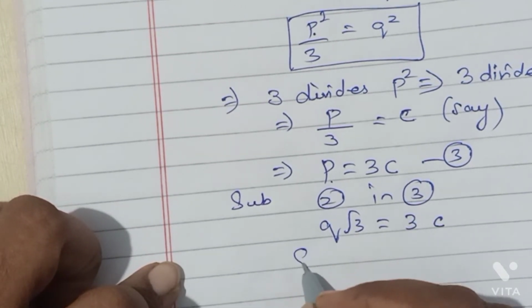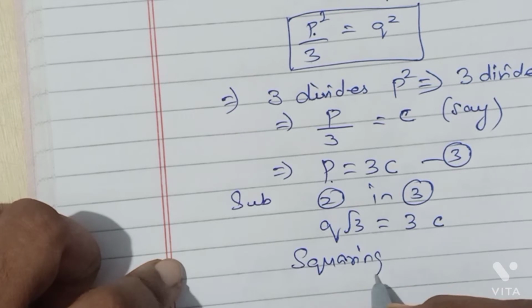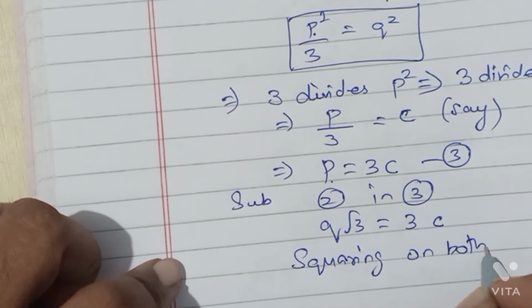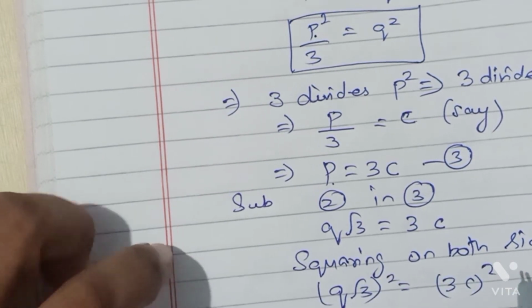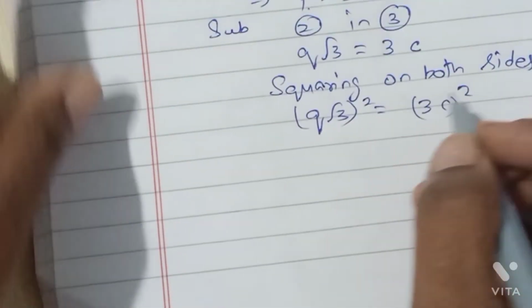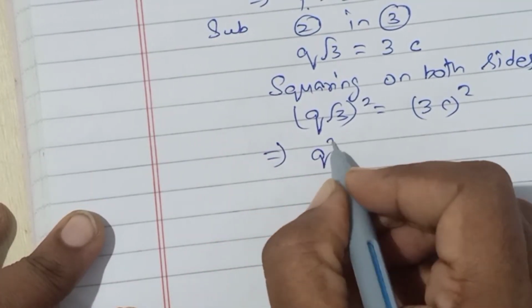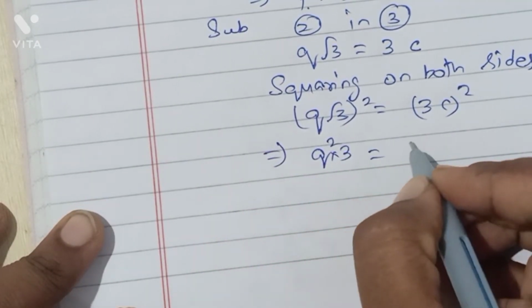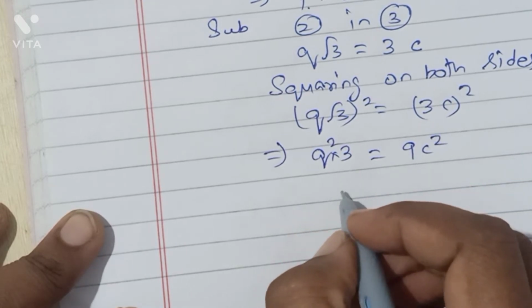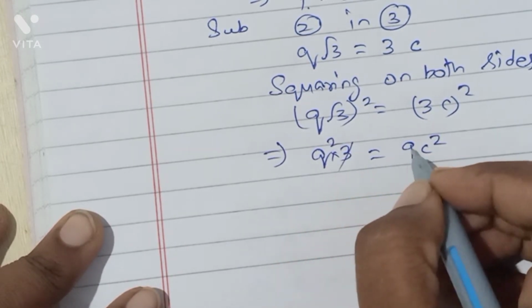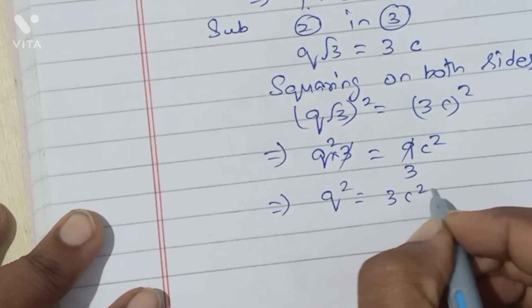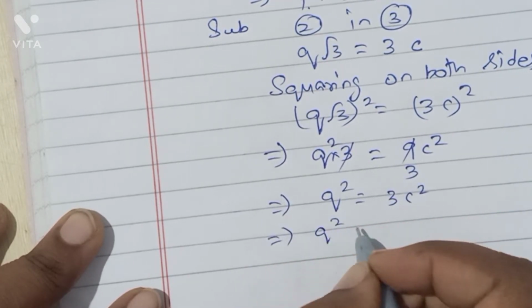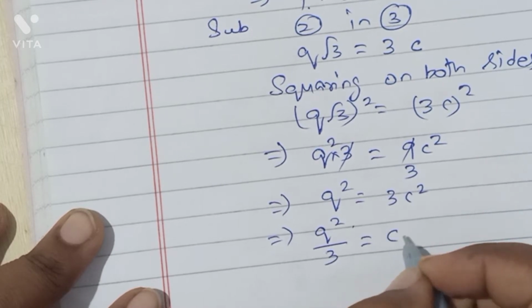Squaring on both sides, we get q root 3 whole square is equal to 3c the whole square. So q square into 3 is equal to 9c square. 3 ones are 3, 3 threes are 9. So q square is equal to 3c square, and q square divided by 3 is equal to c square.